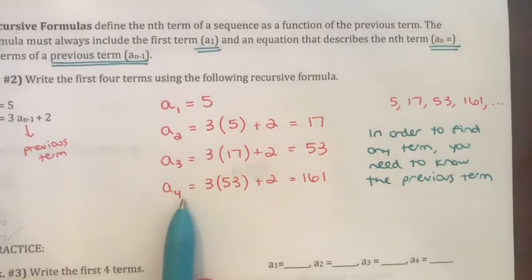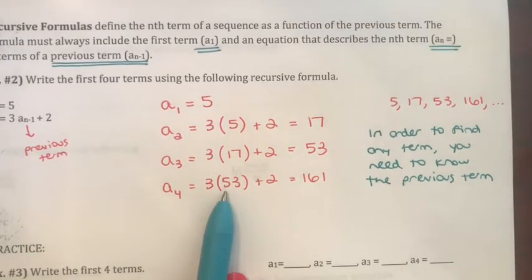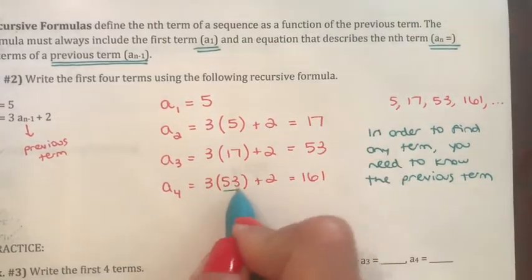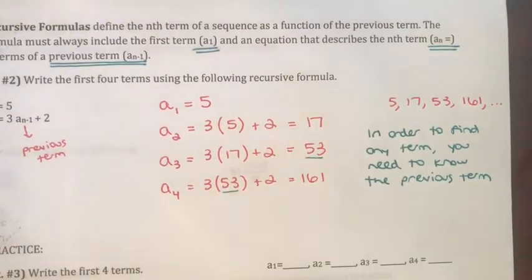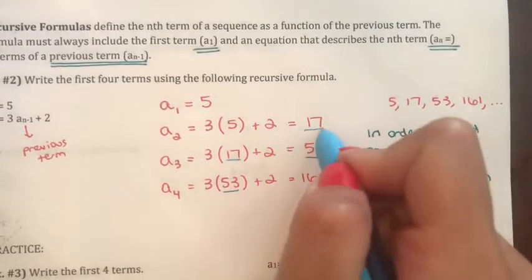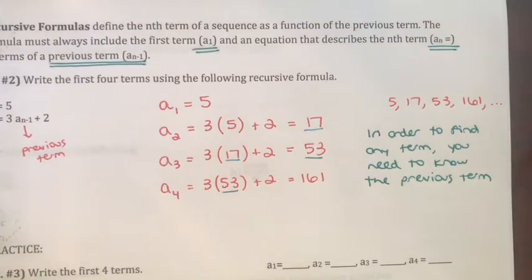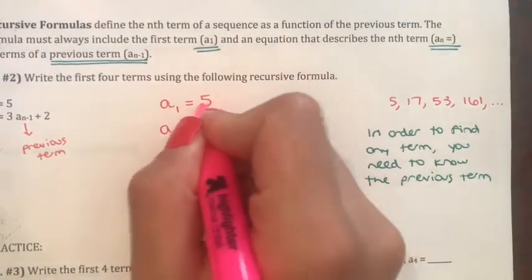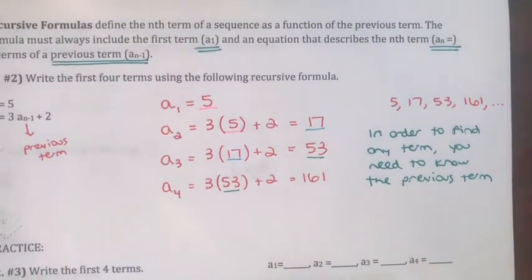For example, here, I wasn't able to find the 4th term if I didn't have the 3rd term. Okay, so you'll notice that these are always going to match. Okay, the previous term for over here, and then also over here. So it always connects back to the previous term.